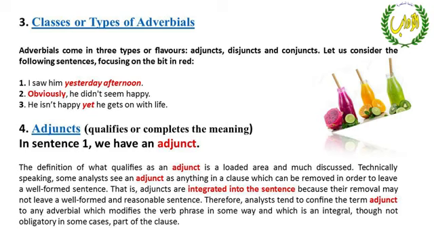That is, adjuncts are integrated into the sentence because their removal may not leave a well-formed and reasonable sentence. Therefore, analysts tend to confine the term adjunct to any adverbial which modifies the verb phrase in some way and which is an integral, though not obligatory in some cases, part of the clause.